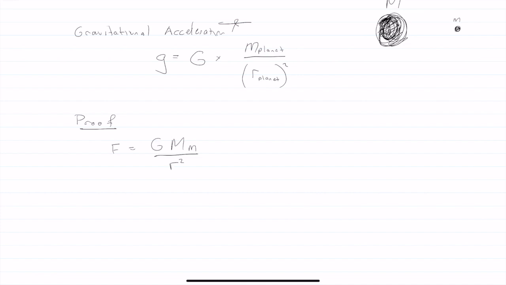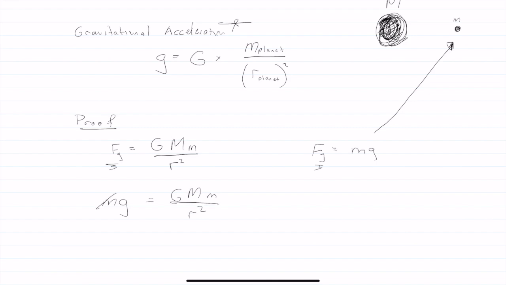And from Newton's second law, we also know that Fg, the force due to gravity, is equal to mass times gravity. So these two things are the same thing, so I can equate them. mg, for that small object, is equal to G M m over r squared.